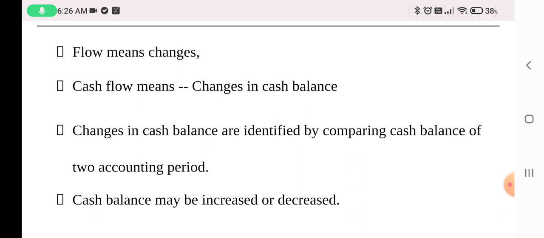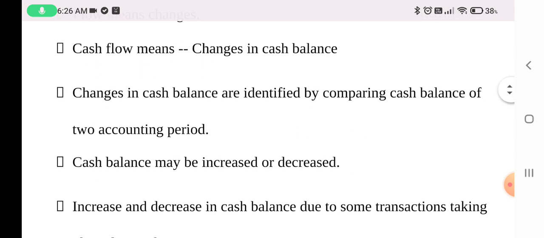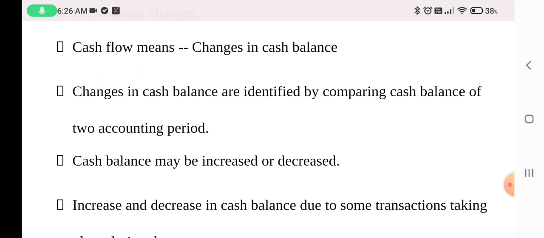So there may be some increase. And you may find that in the beginning you have 15,000 rupees and at the end you are getting 3,000 rupees. So there is a possibility. So there may be two chances. Increasing cash balance or decreasing cash balance, whatever it is, the aim of the businessman is to know how the changes are made, why the changes take place.